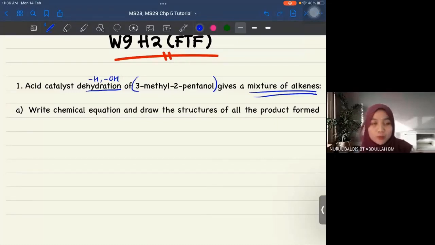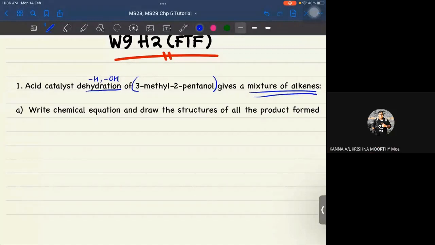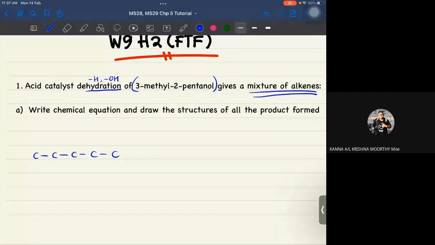You must always start with the general reaction and then barulah kita tentukan produk apa yang dapat. Start dengan kita punya starting material, we have 3-methyl-2-pentanol. Means the longest carbon chain will be 5 carbons. The number 2 there belongs to the family or substituent? The family.